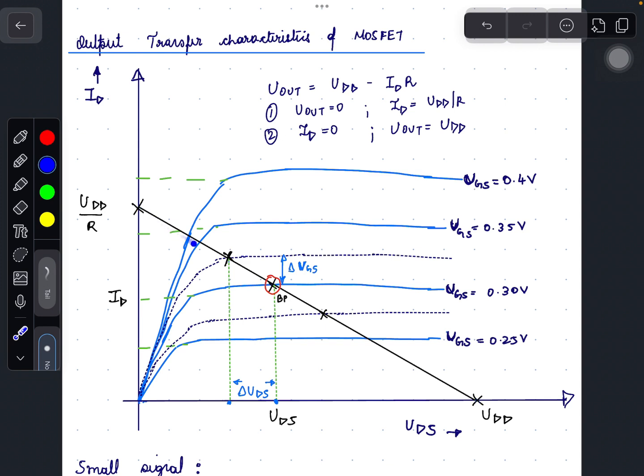The line joining these 2 points is the transfer characteristics of the resistor.